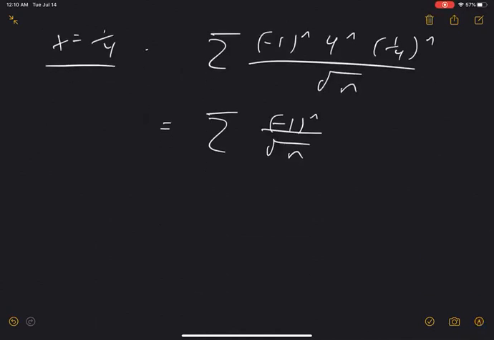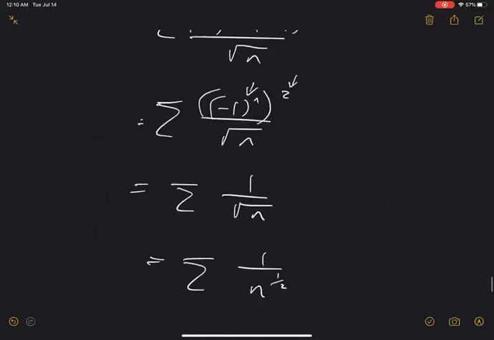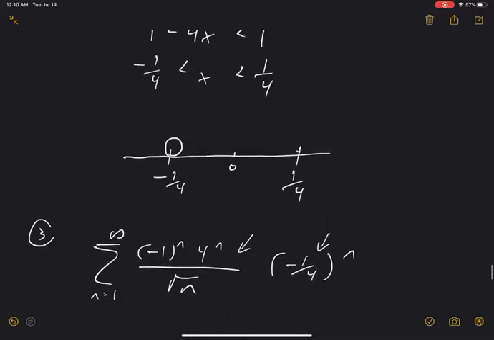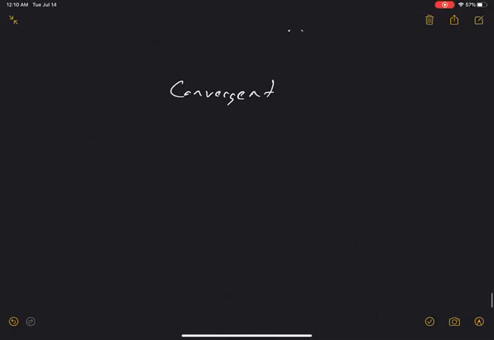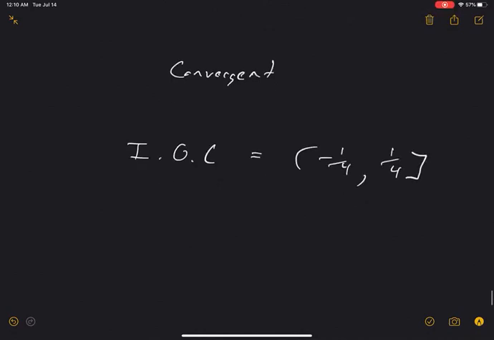I use the alternating series test and see it's convergent. So the series is convergent when I plug in +1/4. So that means I want to include that +1/4. And of course, it converges everywhere in between those two values. So I see my interval of convergence is -1/4 with a parenthesis to +1/4 with a bracket.